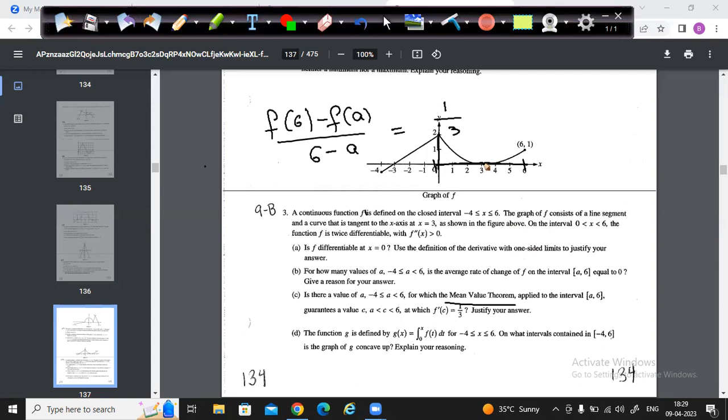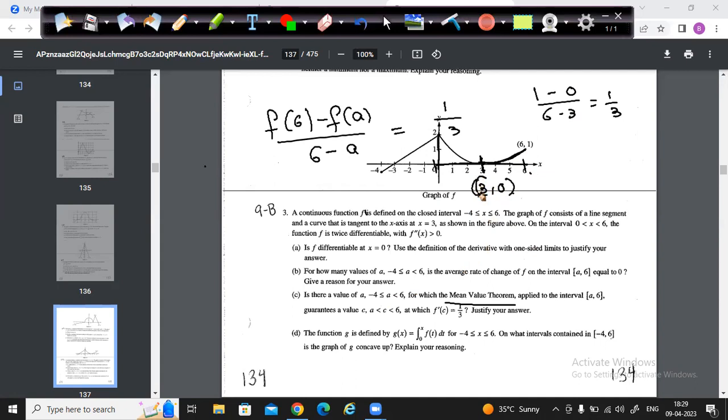So if this point is (3, 0), and I take 3, then f of 6 is 1 minus 0 by 6 minus 3, which is 1 by 3. Yes. So if I take from 3 to 6, the function is continuous and the function is differentiable. So you take a as 3, and c should be 3. Is there a value c such that f dash c is equal to 1 by 3?